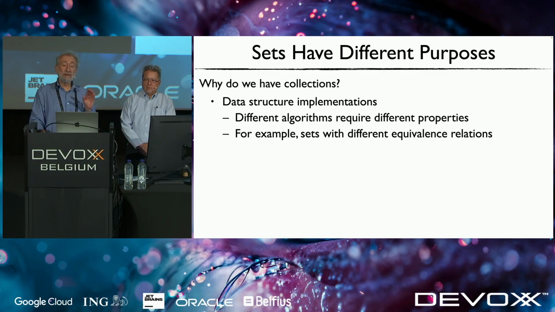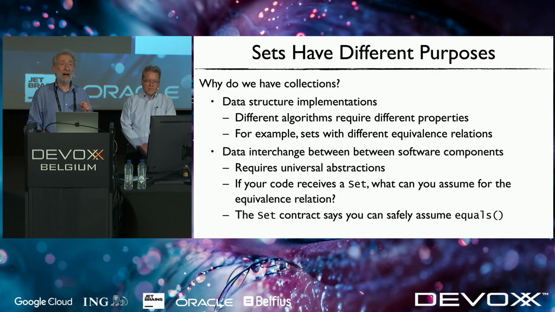But actually collections have different purposes. There are two broad purposes. One of them is this idea of data structure implementation, but the other one is, from a higher level software engineering point of view, they're useful for data interchange between different software components.